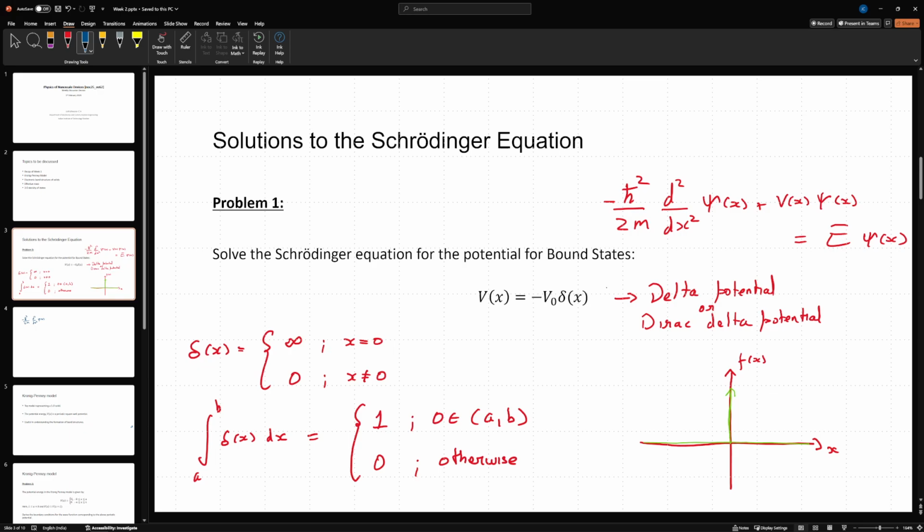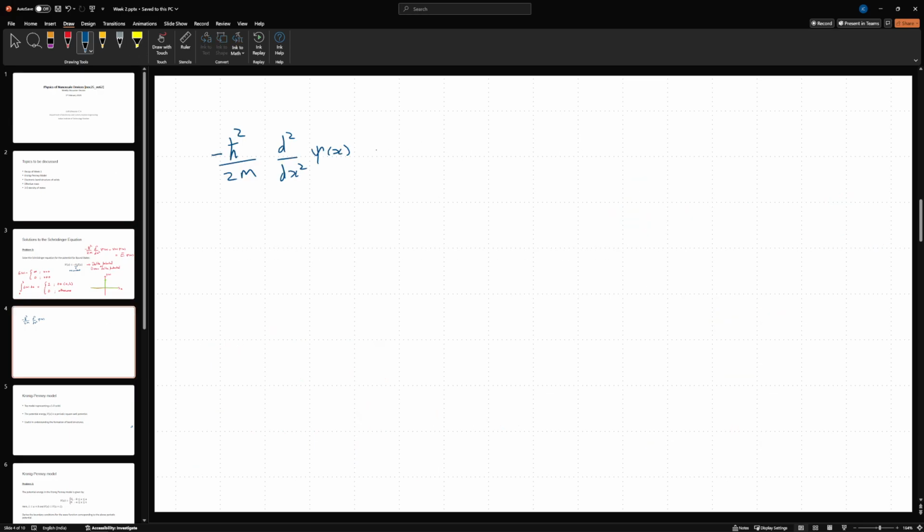Remember, the potential is minus v naught times delta of x, where v naught is a positive constant. The next property I will illustrate as I'm working it out.